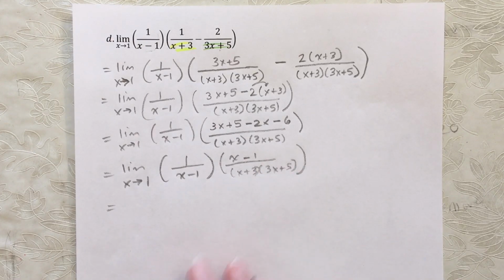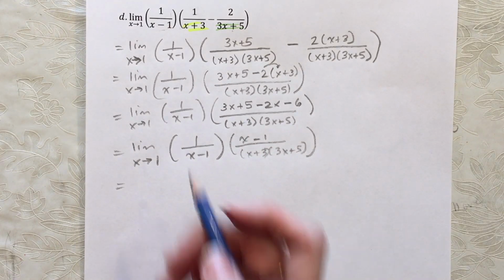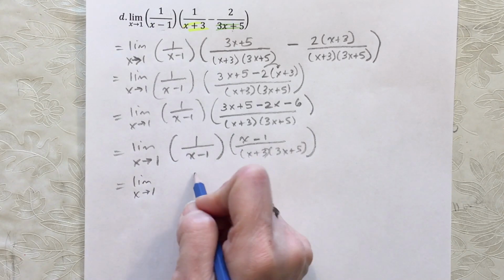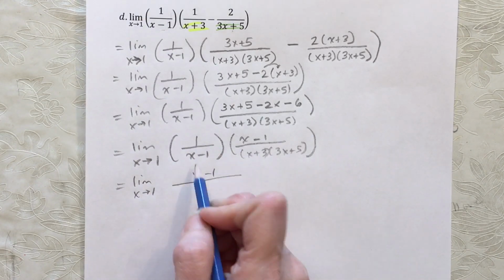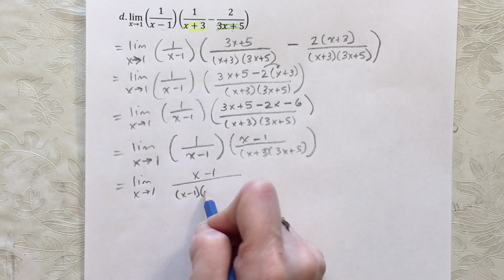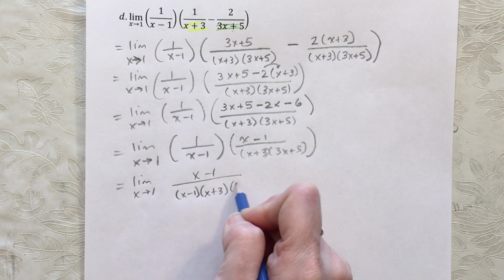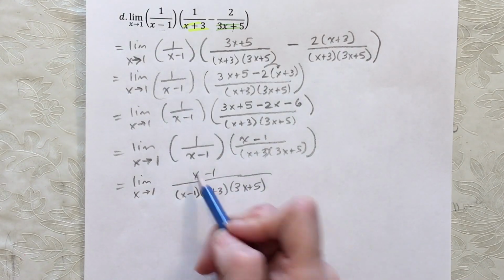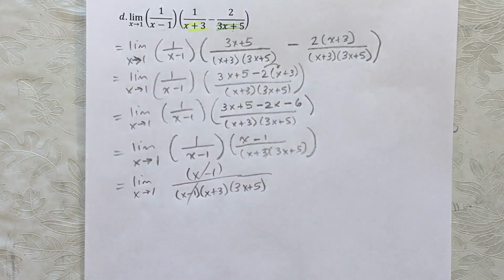Now we're multiplying rational expressions, so we can multiply the tops together. So 1 times x minus 1 is just x minus 1. Bottoms together, we've got 3 binomials: x minus 1, x plus 3, and 3x plus 5. So that worked out really nicely because now we can divide out the x minus 1s, leaving us with a 1 in the numerator.